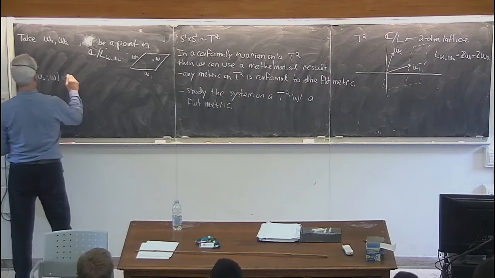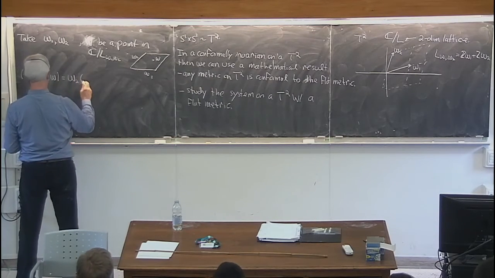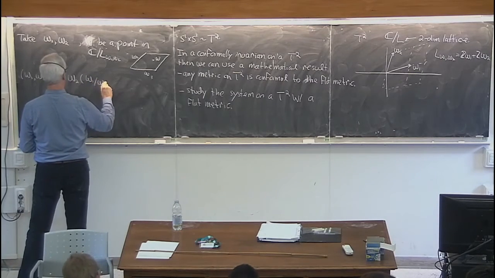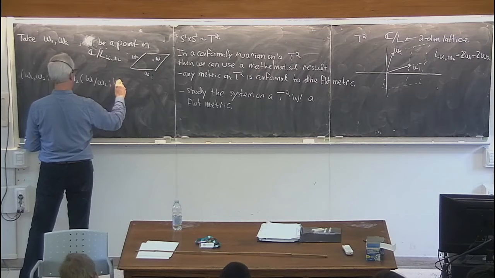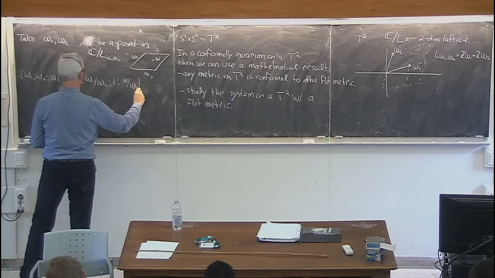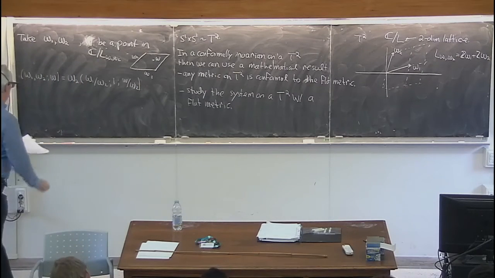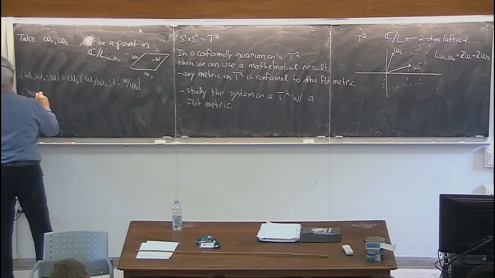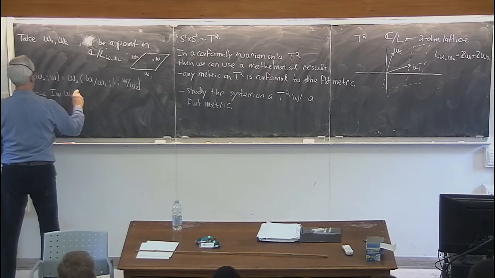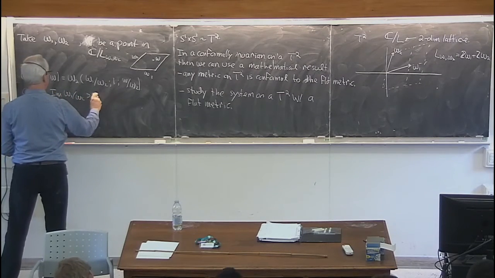So I can choose to simply pull out a factor of omega 2 and I can also choose the imaginary part of omega 1 over omega 2 to be positive.